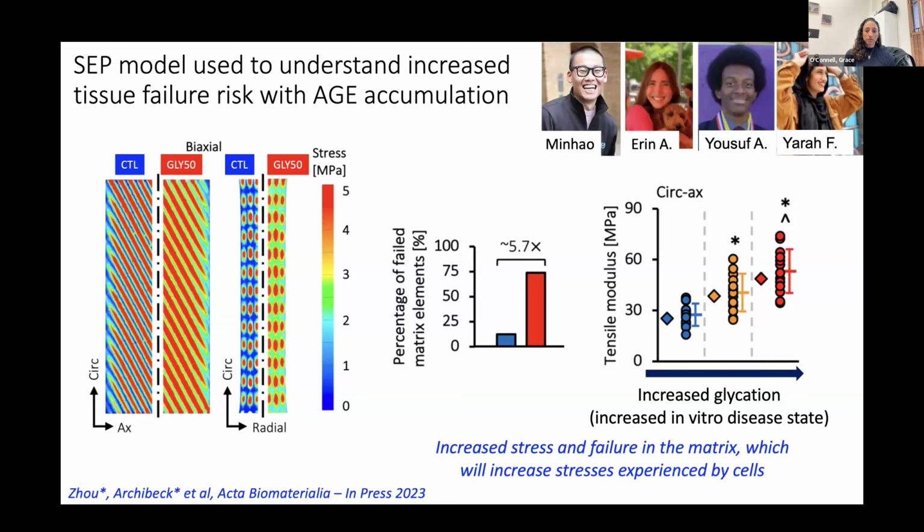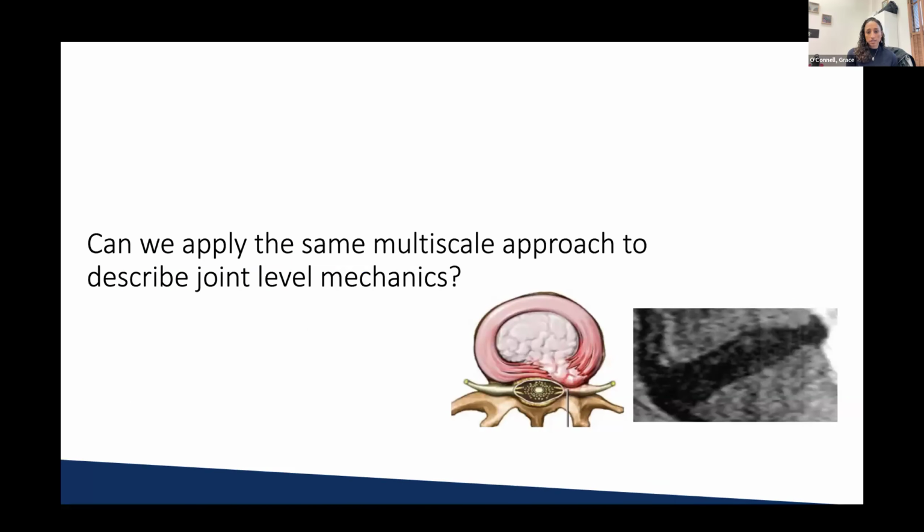And in the body, this would mean that damage could accumulate and start to spread throughout the tissue, which we think helps to explain that difference between what we see in the bulk tensile modulus and what is seen clinically with an increase in tissue failure, such that the tissue failure may be actually starting at the matrix and where the cells are experiencing the load.